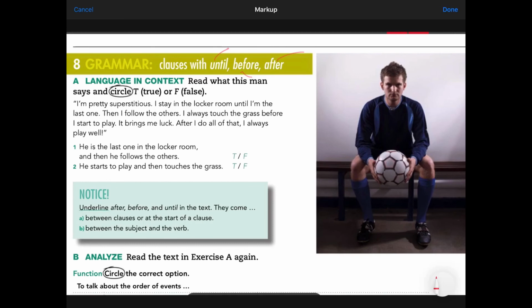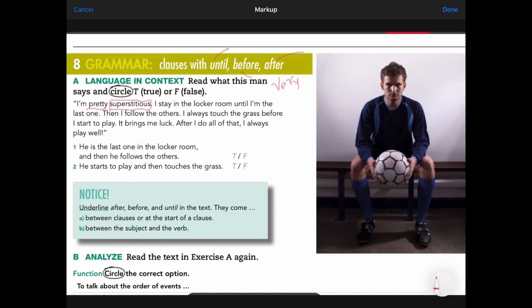It says, I'm pretty superstitious. Are you superstitious, boys? Superstitious. I think that you know the meaning. Pretty, what is pretty? I explained that to you in the previous class. Pretty means much, very. Okay, so I'm very superstitious or pretty superstitious.